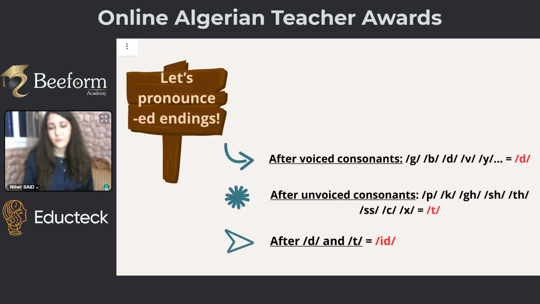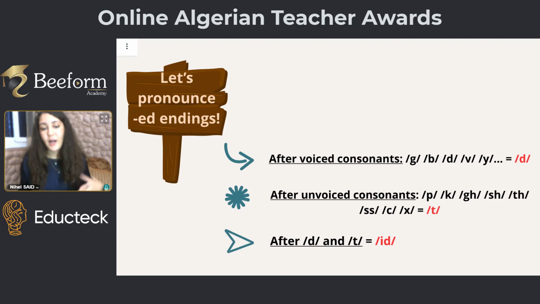And here's a tip for you, a little bit of a trick. So I want to introduce you to the voiced consonant and unvoiced consonant notion here. When we say that a consonant is voiced, we mean that this consonant is produced with vibration in the vocal cords.